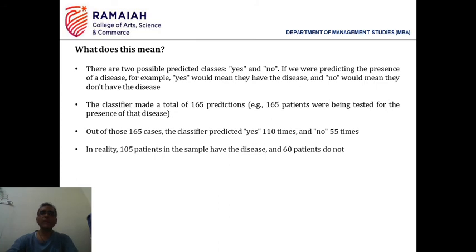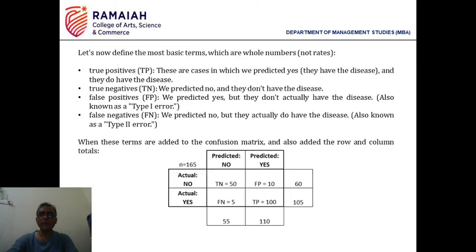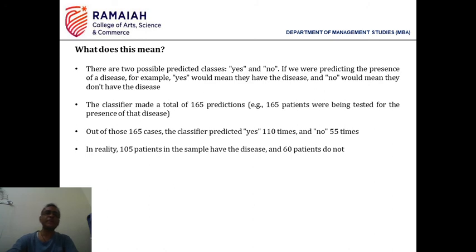Now if you are predicting the presence of a disease, for example, yes would mean that they have the disease, and no would mean they did not have the disease. The classifier made a total of 165 predictions. For example, 165 patients were tested for the presence of that disease.